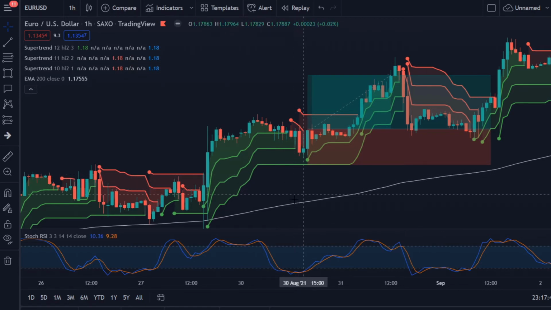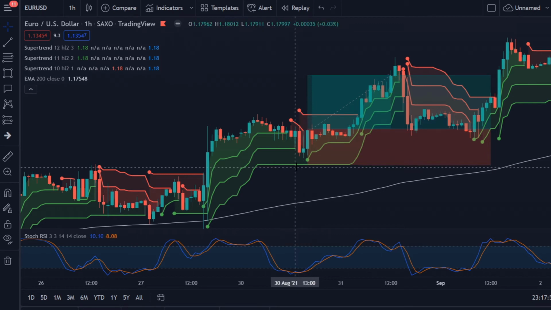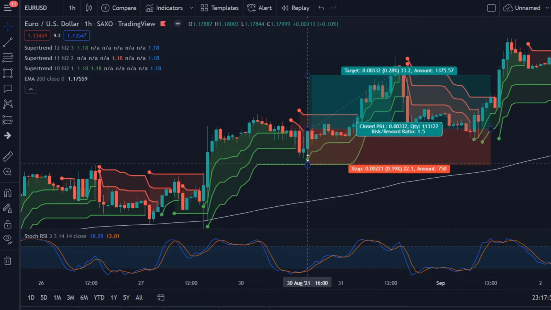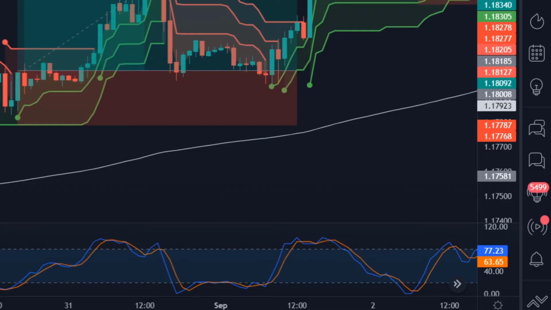So when do we place a buy order? First, the price needs to be above the 200 exponential moving average. Then we need to look at the Super Trend indicator, and we need at least 2 of the Super Trend indicators pointing upwards, showing a green color, which shows bullish momentum. Then we drop down to the stochastic RSI, and it needs to be in the oversold zone, which is below the 20 level.